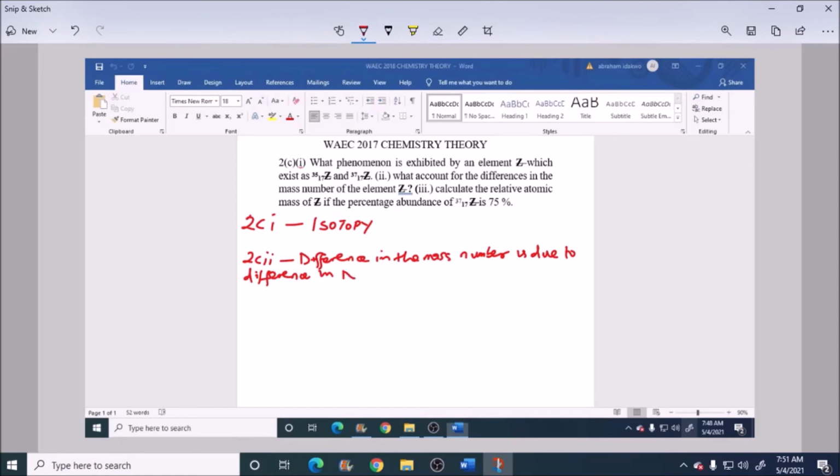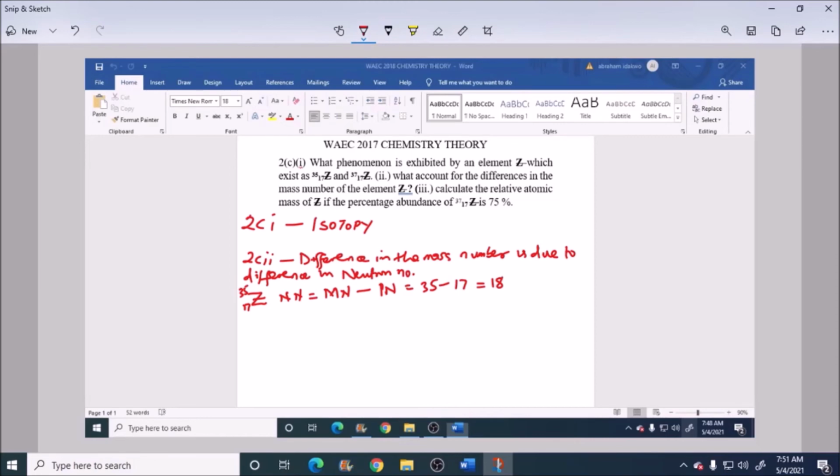number. So as we can see, for the first element having mass number 35, the atomic number is 17. So neutron number is equal to mass number minus proton number, which is 35 minus 17. So the neutron number is 18.